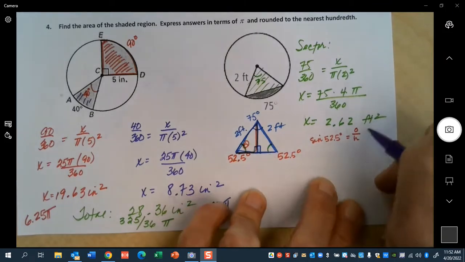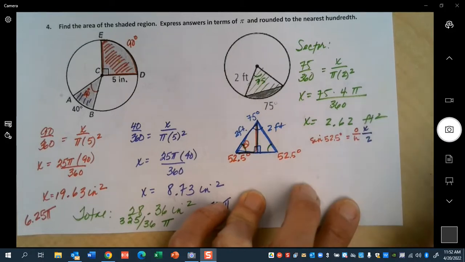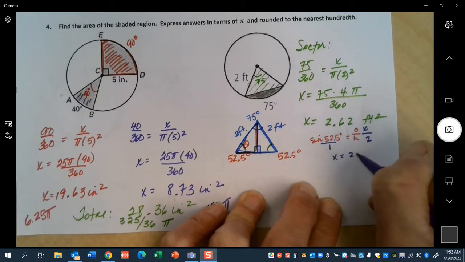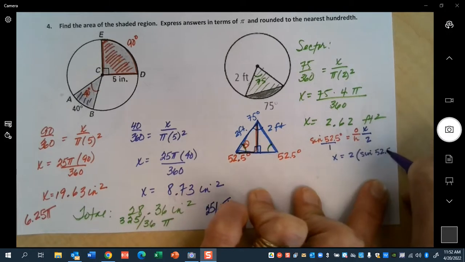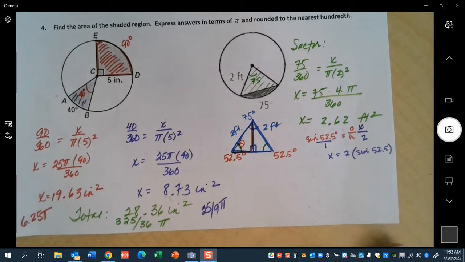My opposite is what I'm looking for, and my hypotenuse is 2. So 2 times the sine of 52.5 is going to be the height of my triangle. Door side of my friends, you do that calculation.